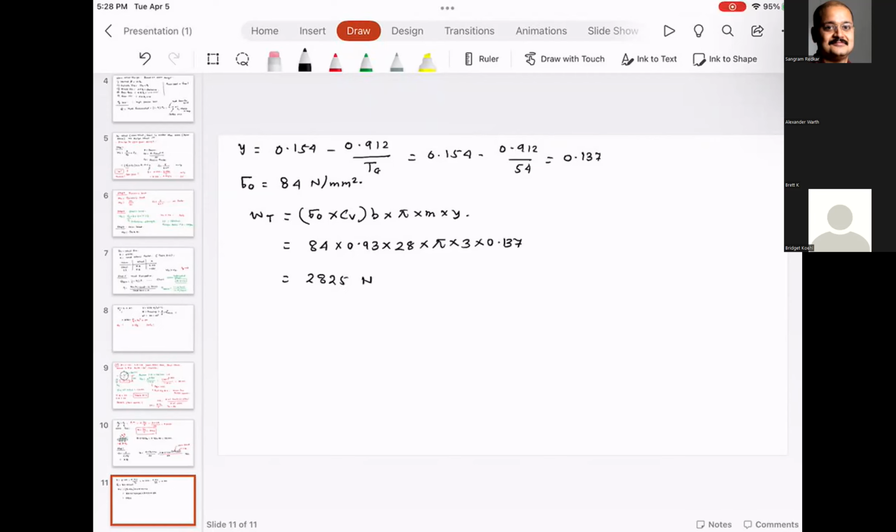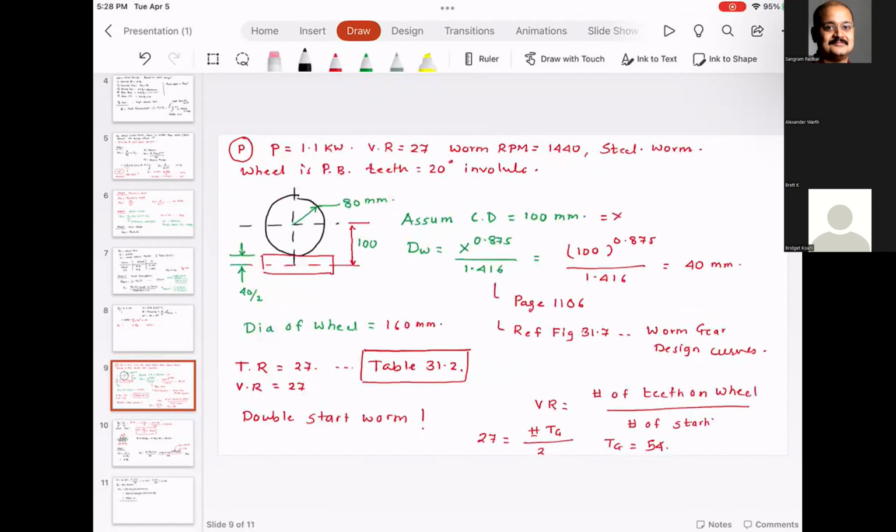That gives me 2825 Newton. Now, a word of caution. In this problem, since the center distance was not given, we started with an approximate center distance, and that allowed us to compute the diameter of the worm. Diameter of worm gave us the diameter of the wheel, and since the velocity ratio was given to us, number of starts we found out from the velocity ratio, we directly found out the diameter of the wheel, number of teeth, and the module.